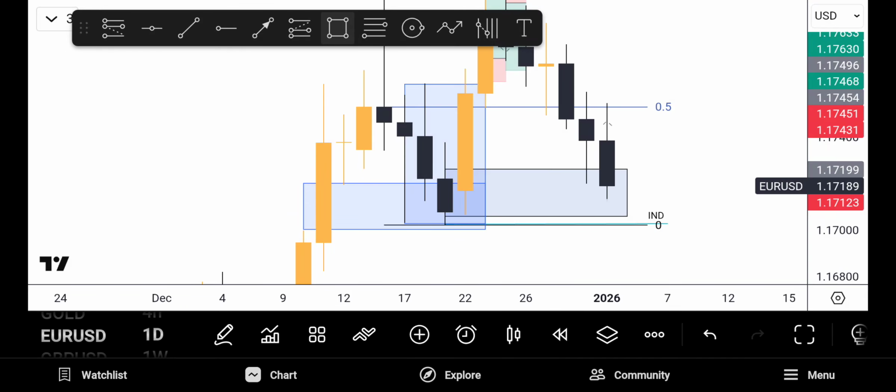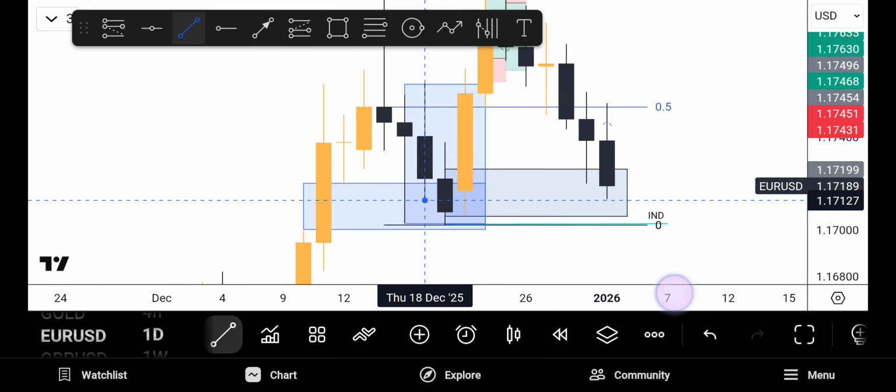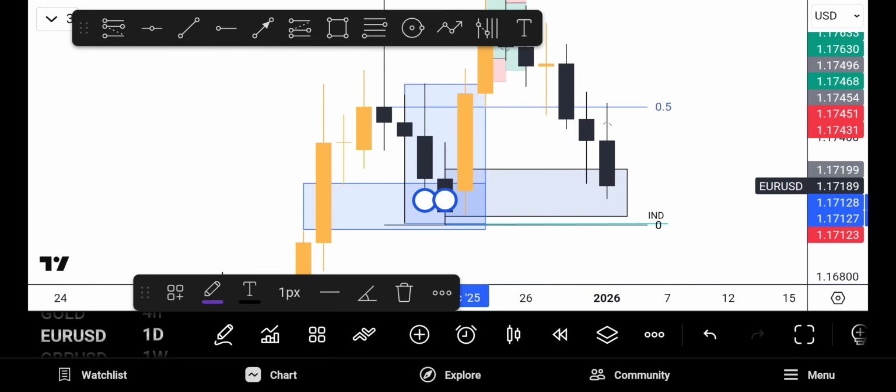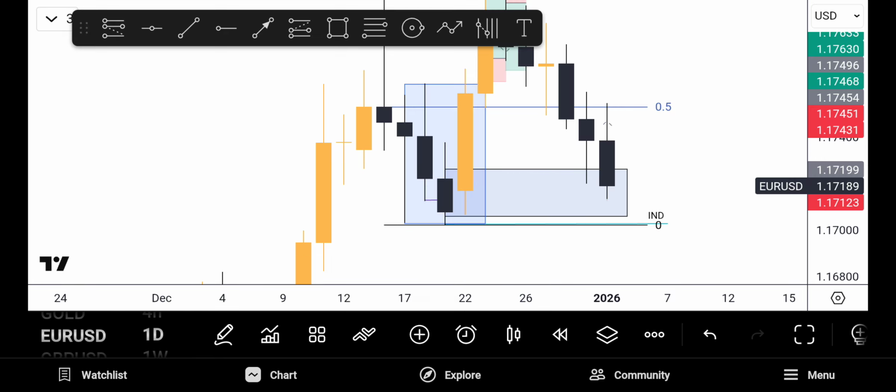It swept this one, but the difference is that it didn't close back in this range. So I wouldn't take this trade, because as I said, they have to close in the range. Now you observe this one went to take profit at the high of that range, but I wouldn't have taken this trade, to be honest with you.